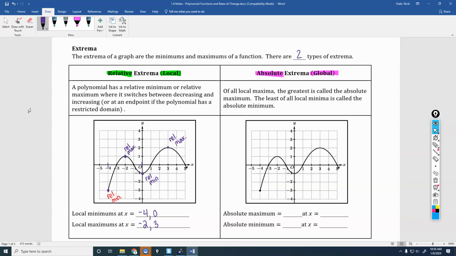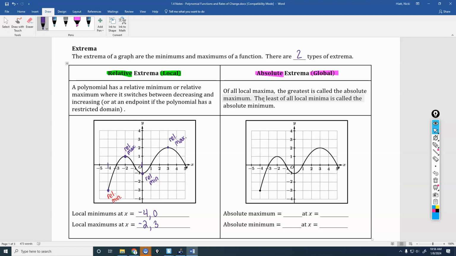Okay, so of all of your local maxima, the greatest is the absolute maximum. Same thing for minimum. Of all of your local minimums, the least of all of them is your absolute minimum. So every time, your absolute maximums or minimums are also relative maximums or minimums.